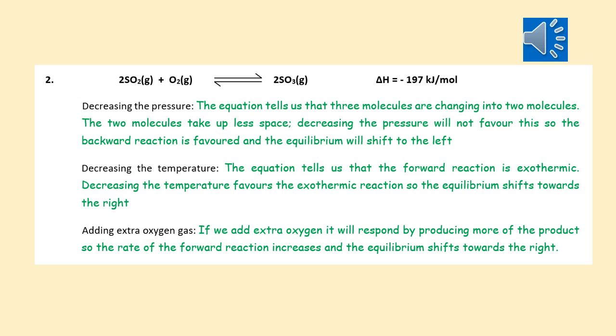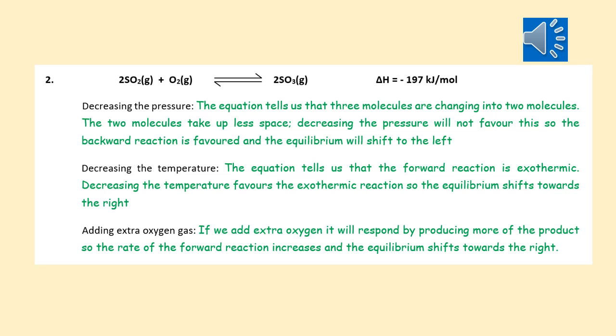There's an imaginary 1 in front of the O2. So that gives us a total of 3 molecules. On the right hand side, you've got 2 SO3, so that's 2 molecules. So I've got 3 molecules changing into 2 molecules, and you think to yourself, okay, increase the pressure, that will favour the right hand reaction, and you'll get more SO3.